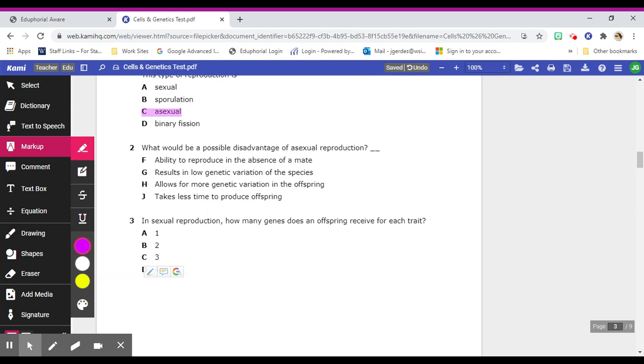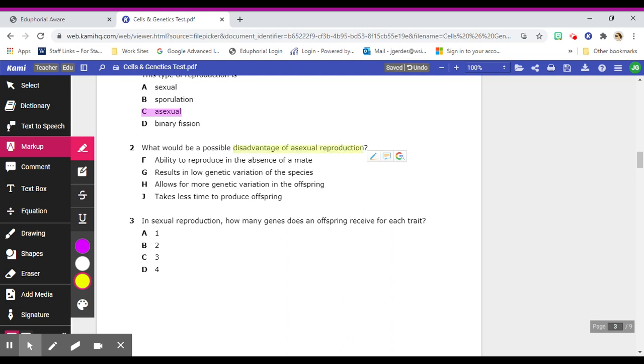Number 2, what would be a possible disadvantage of asexual reproduction? So disadvantage meaning a negative, something bad. So what is something bad about it?